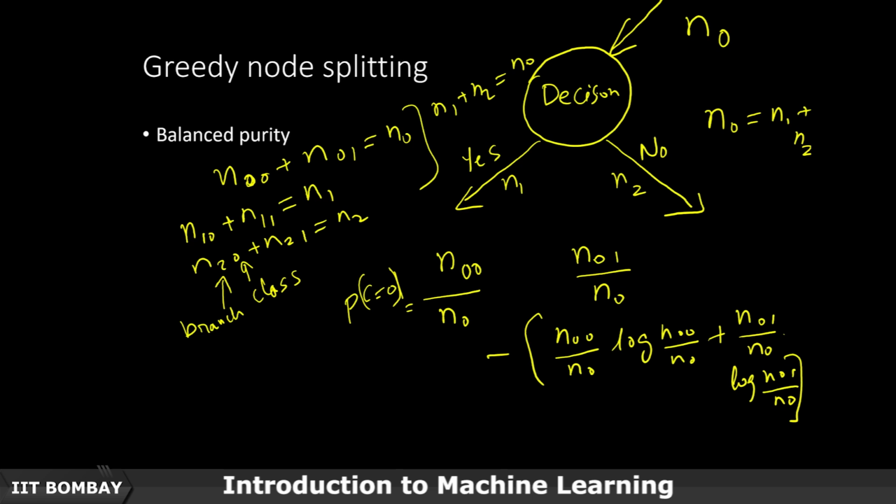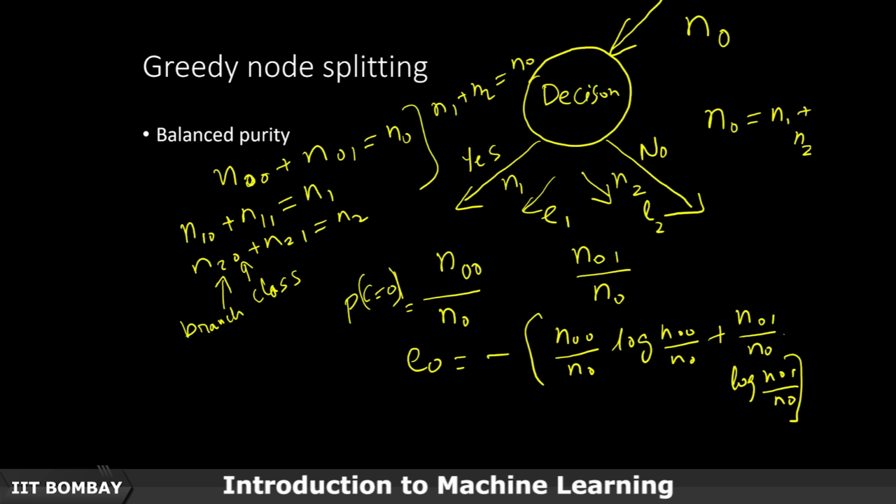Similarly, we can define the entropy of the samples that are going to n1 and the entropy of the samples that are going to n2. Let's just call this E0. So we have E0, we have E1 and we have E2. So what we want to do is compare the average entropy. Okay.